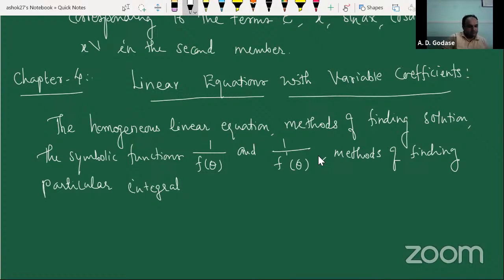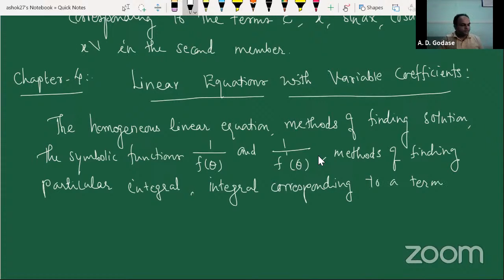Integrals corresponding to a term of the form x raised to m in the second member.